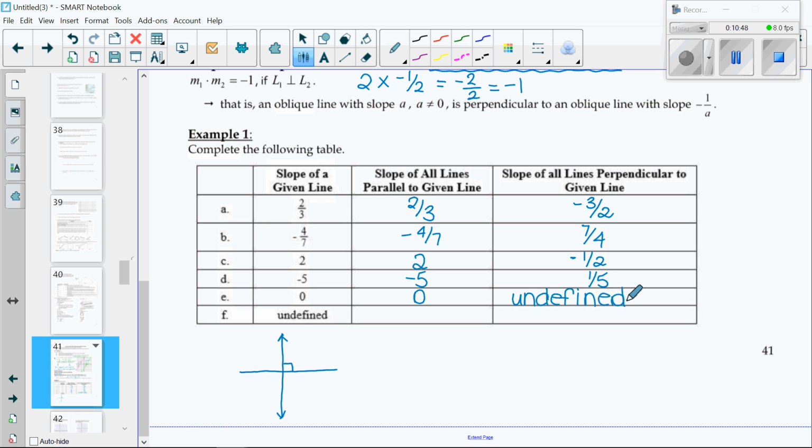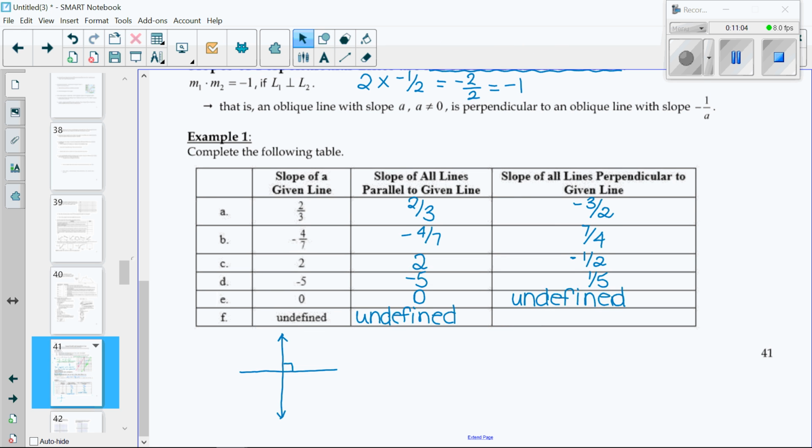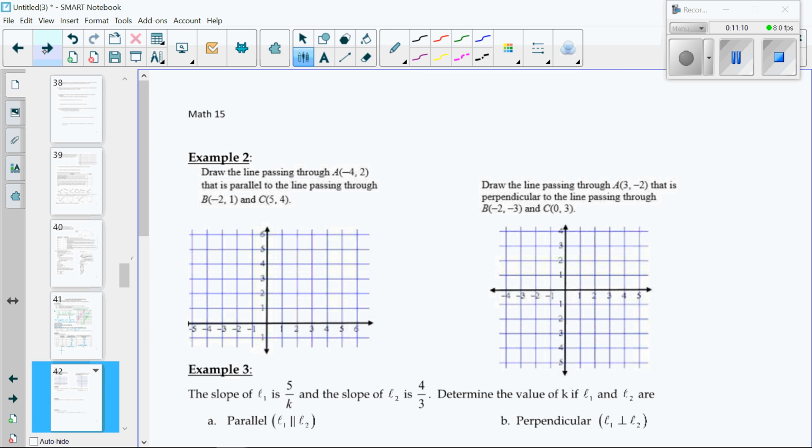If my slope is undefined, all parallel lines will have a slope that is undefined. And the perpendicular slope will have to be 0. All right, flip the page.